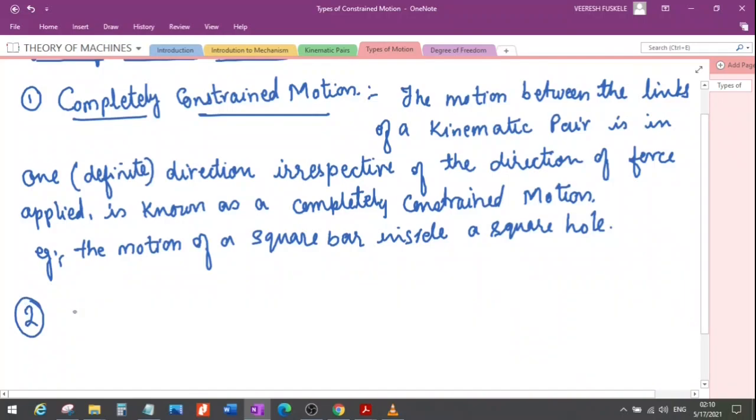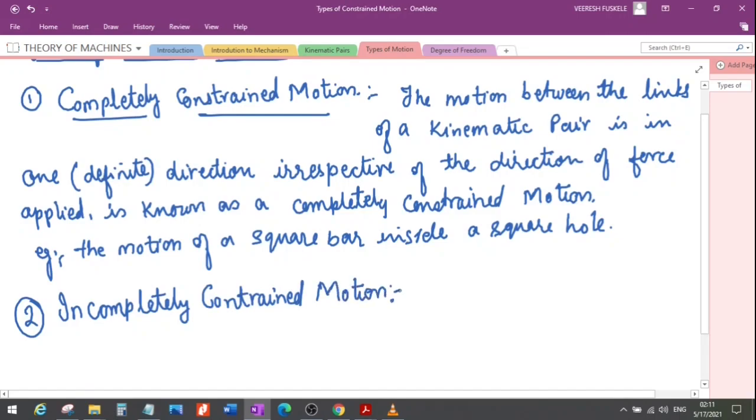Second type of constraint motion that we have is incompletely constrained motion, right? So the motion between the links of a kinematic pair is known as incompletely constrained motion if the motion between the links of a kinematic pair can take place in more than one direction, right?